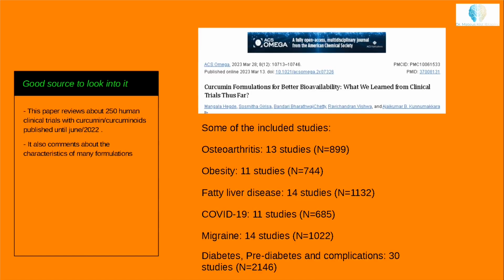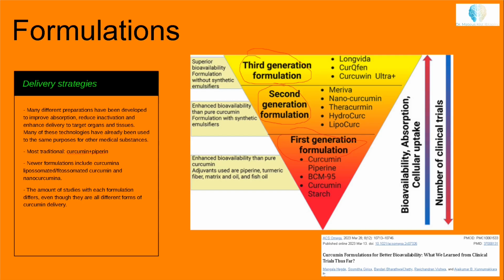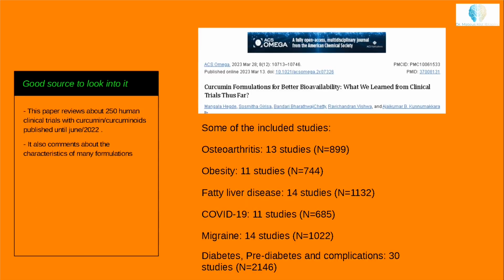This paper, the paper of this picture, was the main source for this presentation. It's a good source to look into this topic if it interests you. This paper reviews about 250 human clinical trials. It's not laboratory studies.